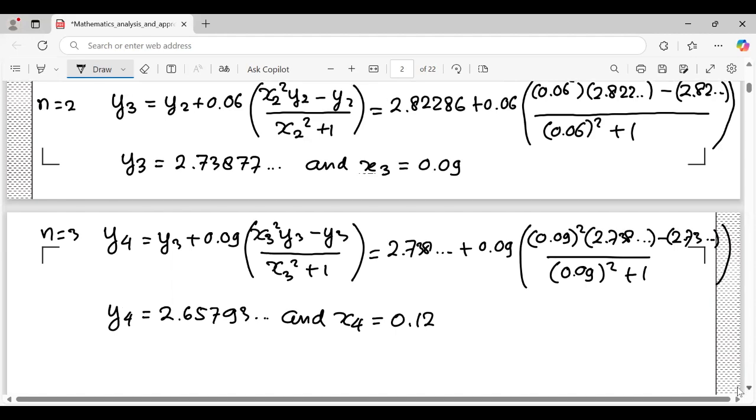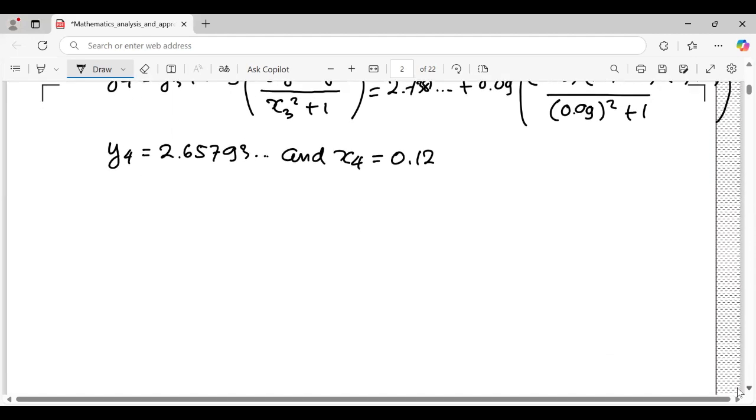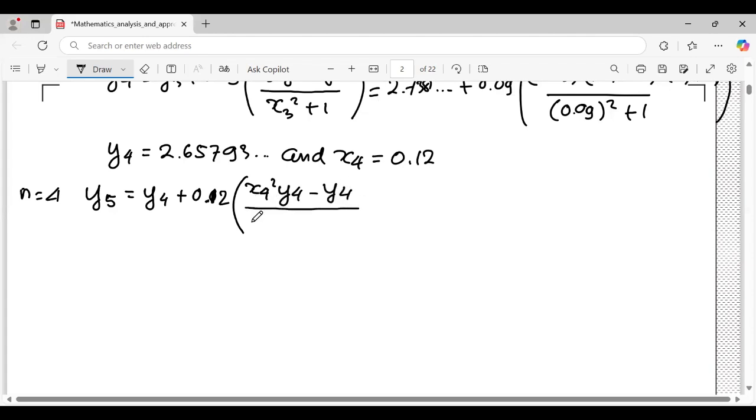Let's continue to the next step, n equals 4. When n equals 4, y becomes y5. Y5 equals y4 plus 0.12 times x4 squared y4 minus y4 divided by x4 squared plus 1.